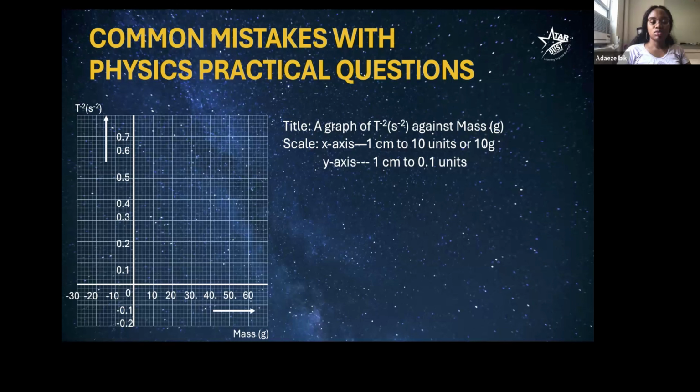Another point that you must note is the labeling of your axis. So right now I have this separate arrow showing the direction of this axis, which is my y-axis. But for this experiment, it's actually the t to the power minus 2 axis.